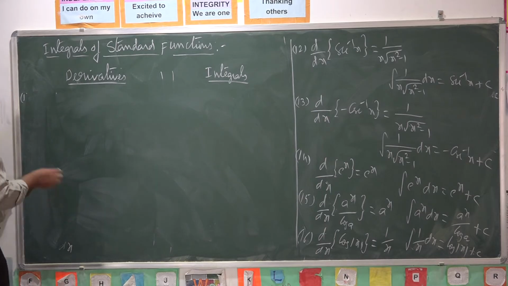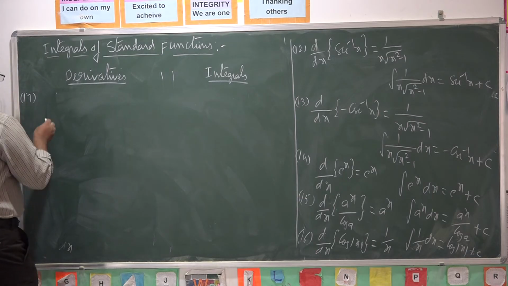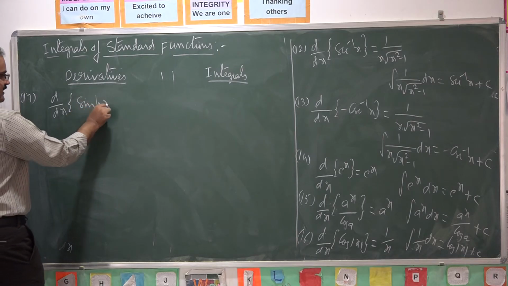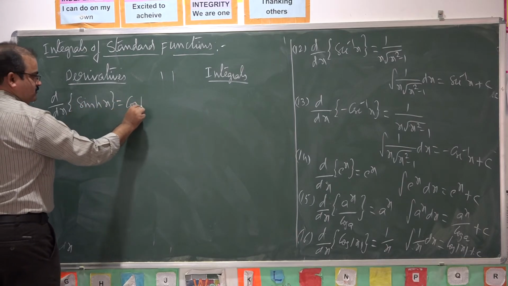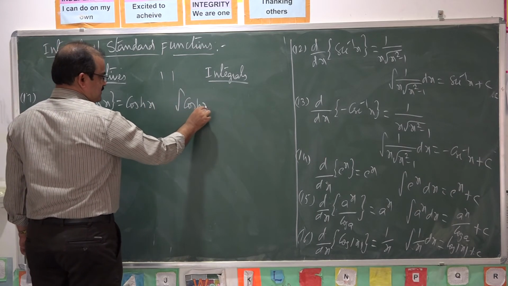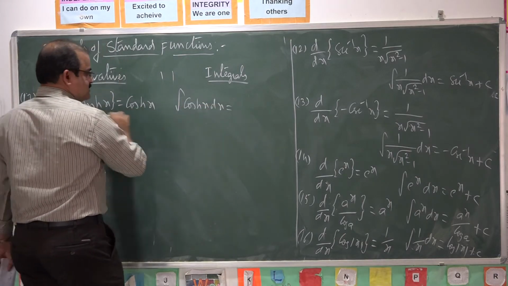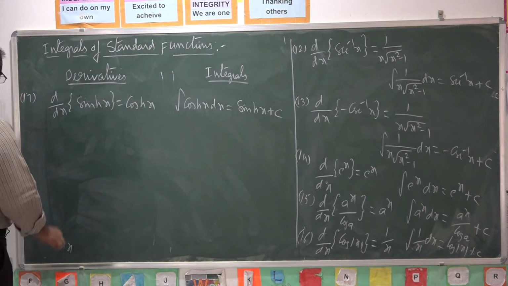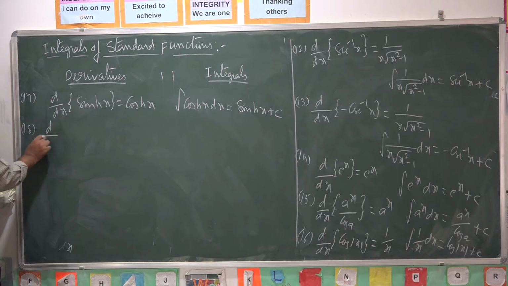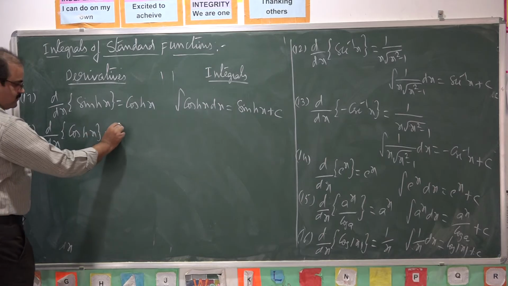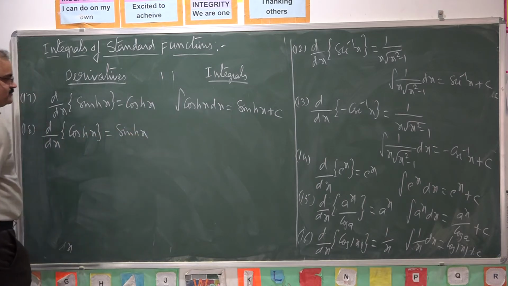We write some hyperbolic functions also. d by dx of sin hx is equal to cos hx. So integral of cos hx is equal to sin hx. d by dx of cos hx is sin hx.